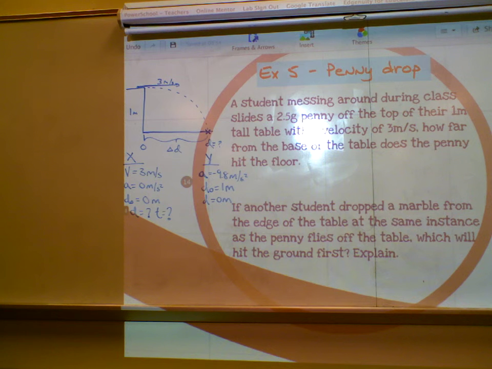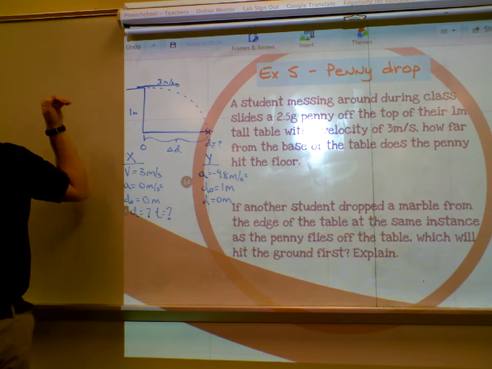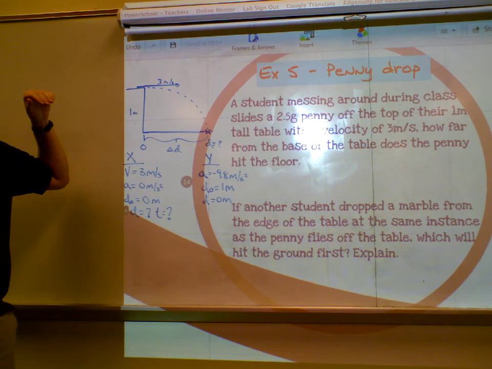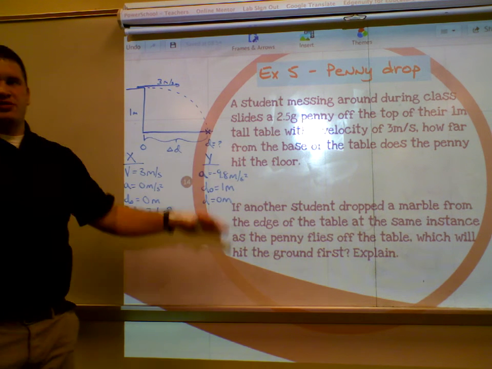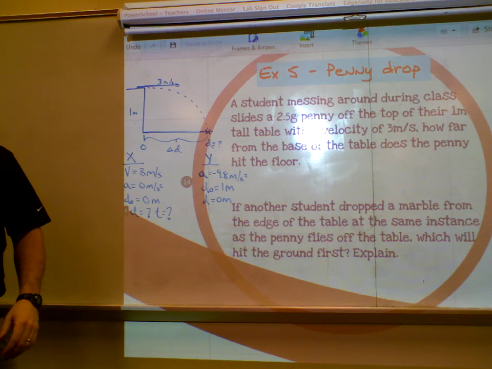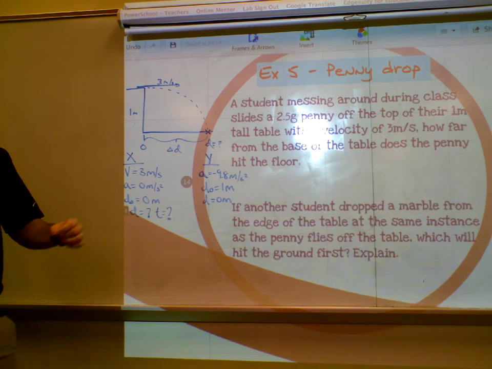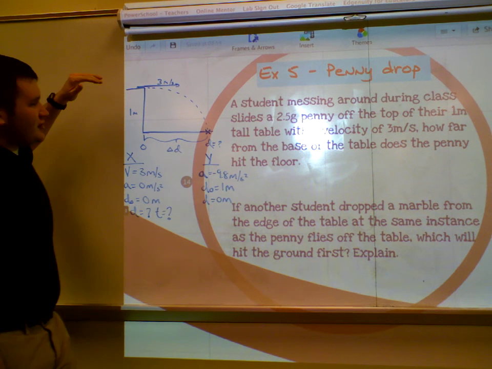What else do we know? Some other stuff. Another number. Great, we do know another number. Horizontal velocity of 3 meters per second. That's our initial, right? What does that tell us about the y direction? If we have initial velocity, it's horizontal.